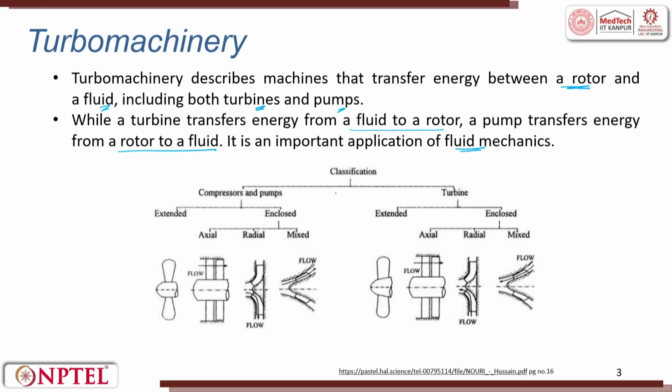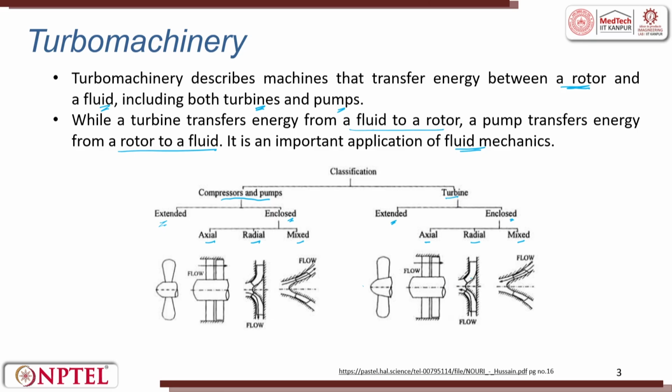When we try to classify them, they are classified into compressor and pumps. The other one is turbine. They are equally classified. If you see, it is extended, it is enclosed. That means to say it is open, it is closed. So, then under enclosed, you will try to see axial, radial and mixed. Here also, you will try to see axial, radial and mixed. What is axial? Flowing along the axis is axial.